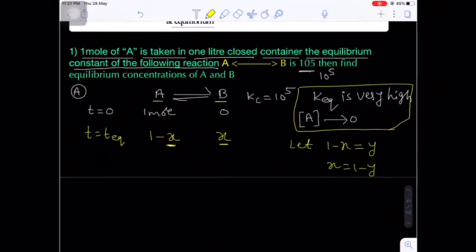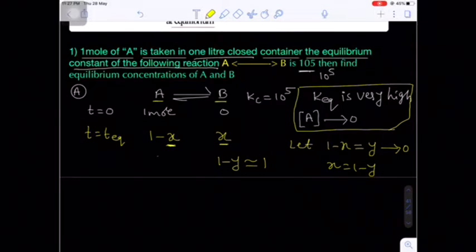Now the concentration of reactants is almost tending to 0. That means the y value is almost tending to 0. This is very important. When y is almost tending to 0, we can write the x value as 1 minus y. If y tends to 0, instead of y I put 0, so 1 minus 0 is 1.